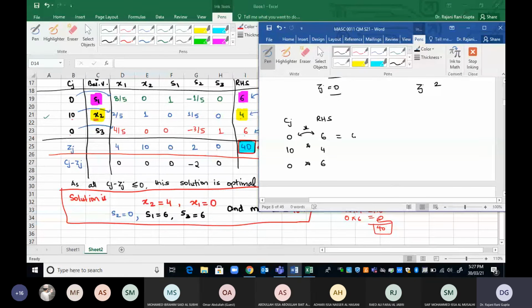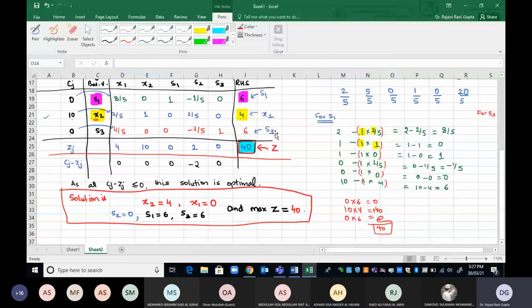This is nothing but the Z value that comes from the RHS. Okay, clear? This is the formula that you need to remember, the way it comes. Yes, they are now clear. Good. Then when you are writing the solution, S1, X2, S3 here, these are the values 6, 4, 6. This is the Z value. And the variables which are not present, their value is 0, like S2 and X1.